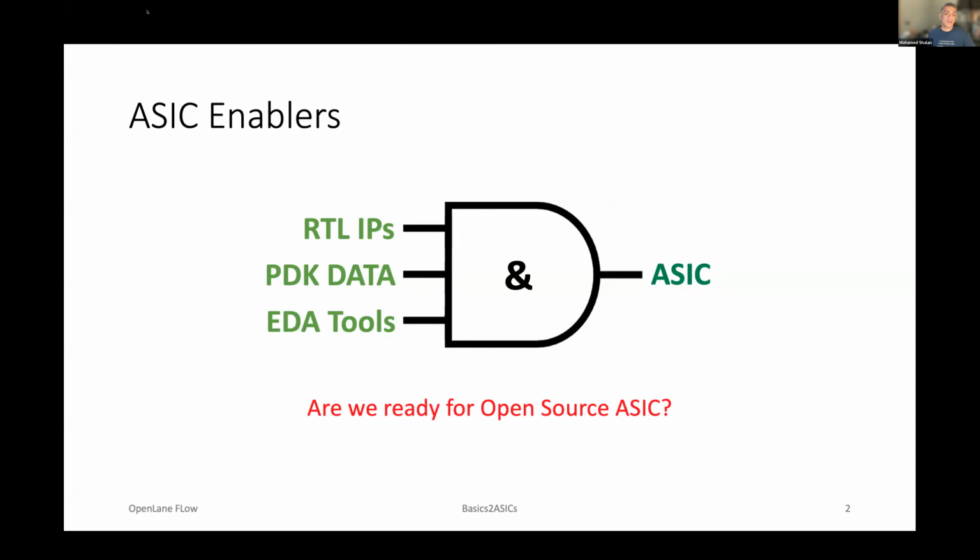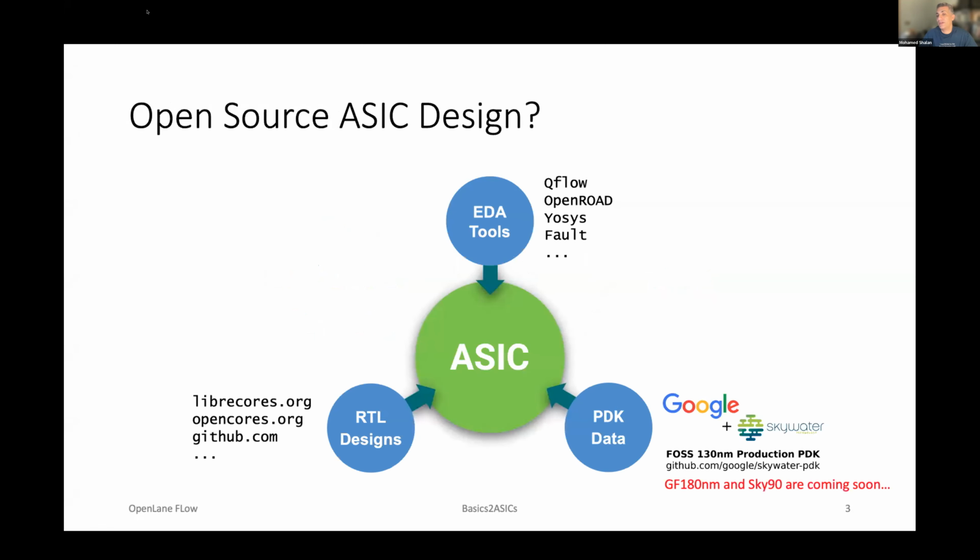At the moment, we are living in the age of being able to have all of these as open source, especially after the release of the first open source PDK, the Sky130 from Skywater, which, as mentioned earlier, was followed by another open PDK from GlobalFoundries for 180 nanometer, and then another one from Skywater for 90 nanometer.